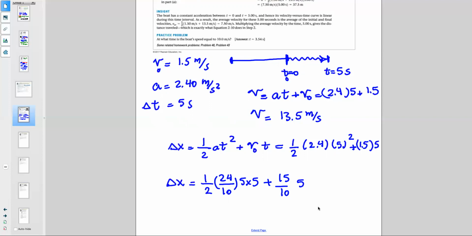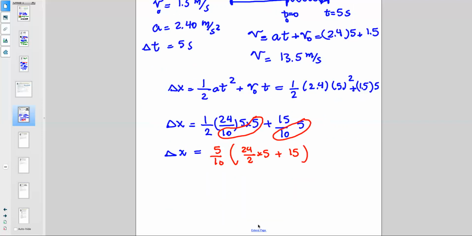All right. Now, delta x will be equal to, if you're looking at this the way I do it without a calculator, I have 5 over 10 on each side. I can factor that out, 5 over 10. From the first one, I have 24, I have 2 in the denominator, and I have an extra 5. From the second one, I have 15.